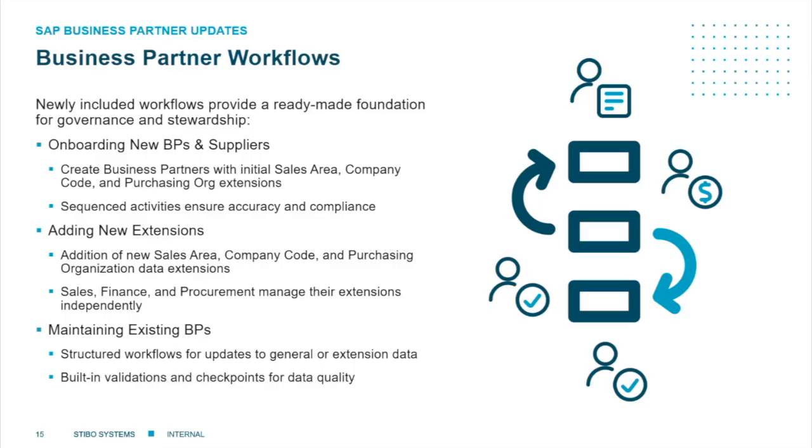The accelerator includes workflows for onboarding new business partners with sales area, company code, and purchasing organization data extensions, adding new data extensions to existing records, and maintaining and updating business partner data to accommodate ongoing data hygiene activities, such as updating general information.